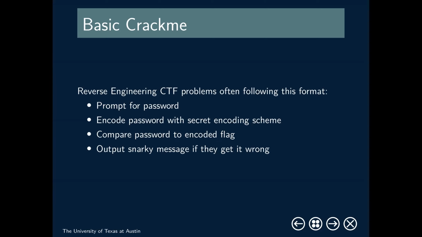And then if you were to input the flag as the password, it would not output a snarky message, and it would say something like, nice, you got the flag. With Angr, we can cut out the middle step of determining what the encoding scheme actually is. We can just use symbolic execution to tell us right away what the flag is.